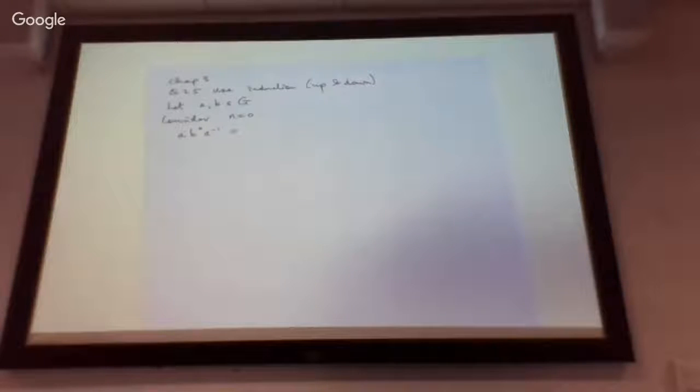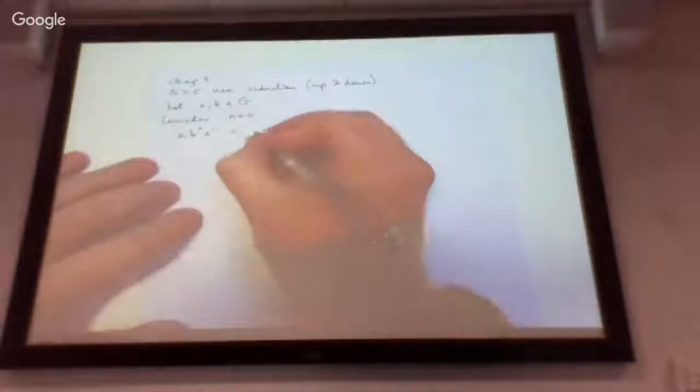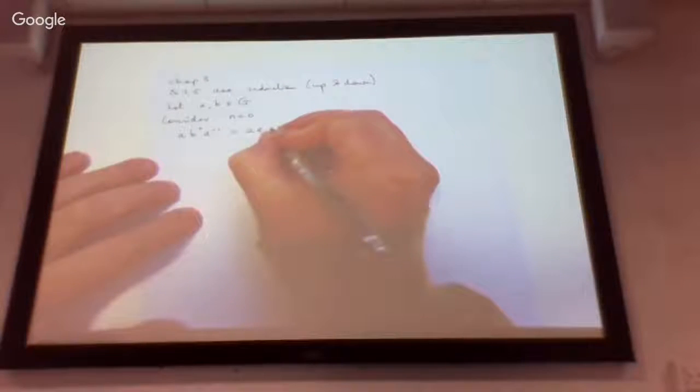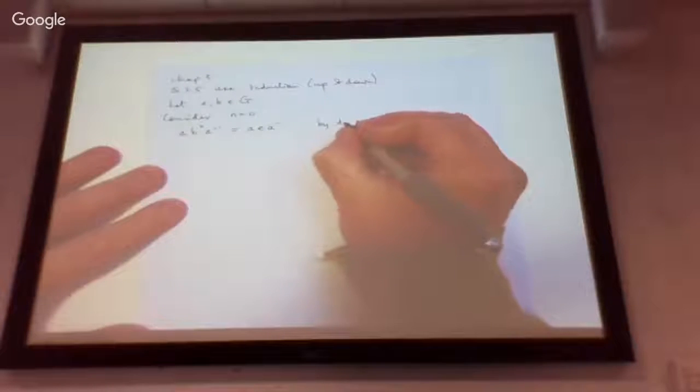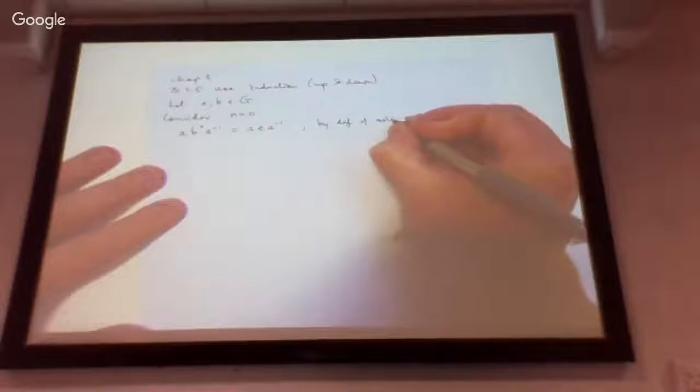I'm going to avoid it. I'm just going to use e, the identity, because the danger is you confuse yourself into thinking in terms of numbers too much. But it's not wrong. So that's true just by definition of exponents in a group.